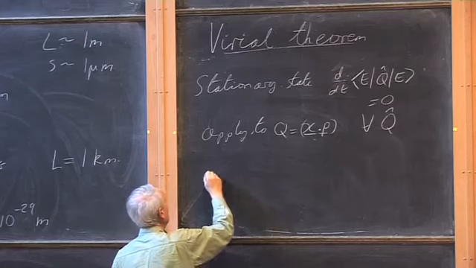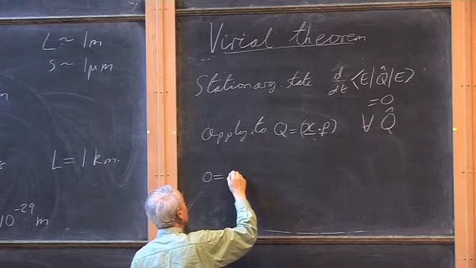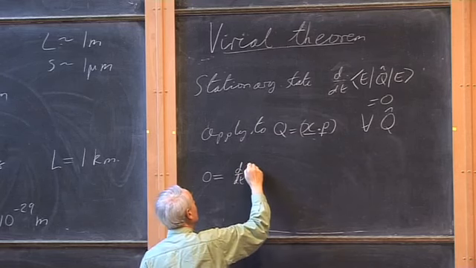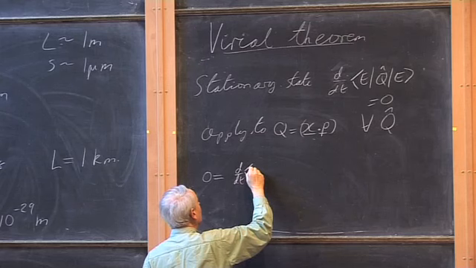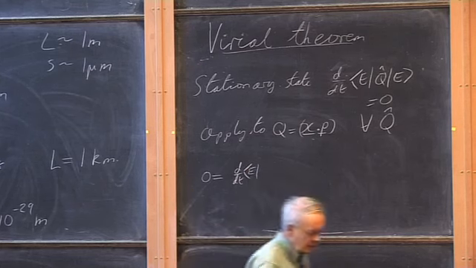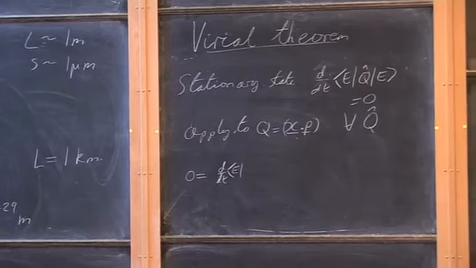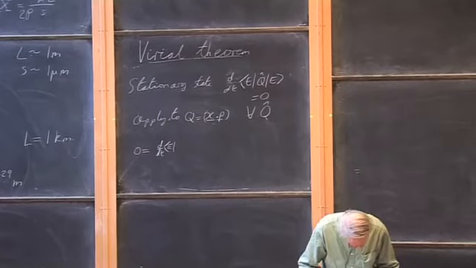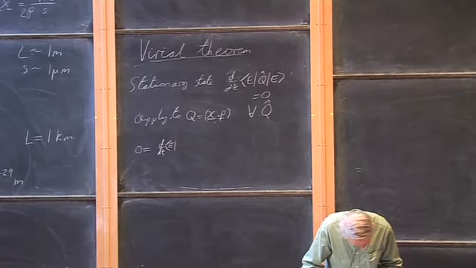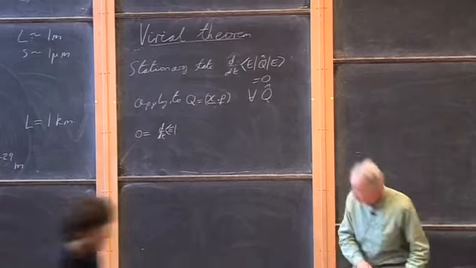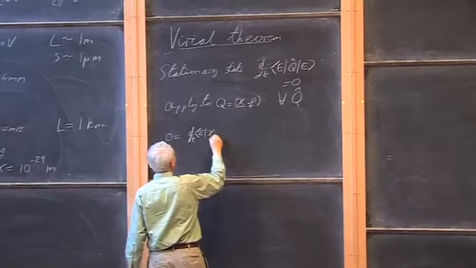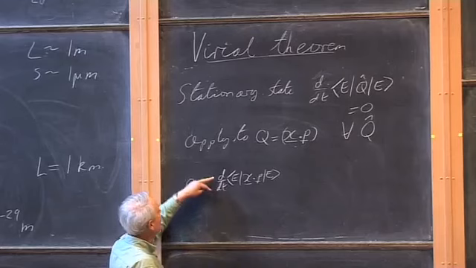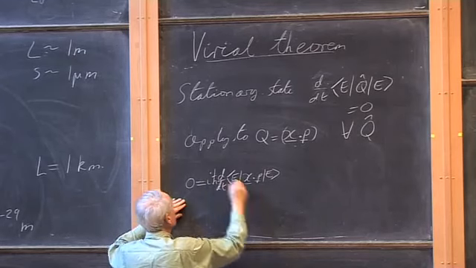So then we have that naught is equal to d/dt of the expectation value of x dot p, and let's divide by i h bar.